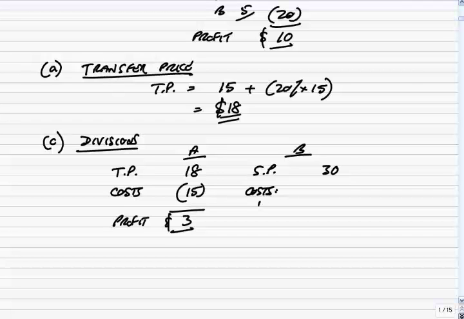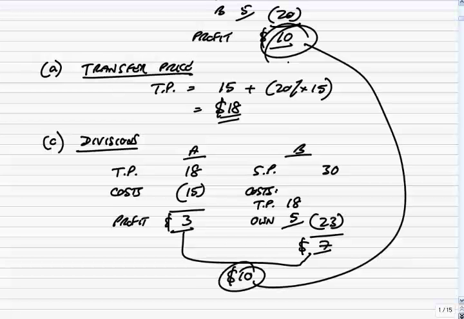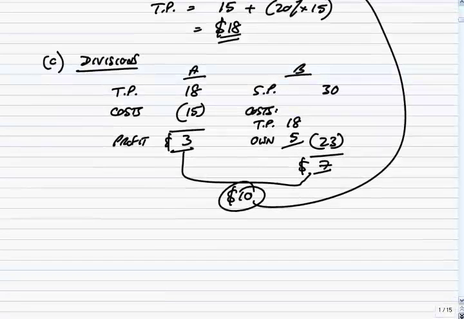Their costs, they have to buy from A at 18. They've got their own costs of packing or whatever it is of another 5. A profit of 7. So again, the total is $10. It must be $10. All the transfer price has done is split that profit between the divisions.